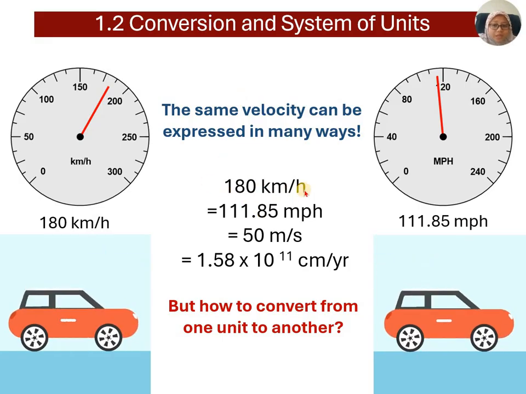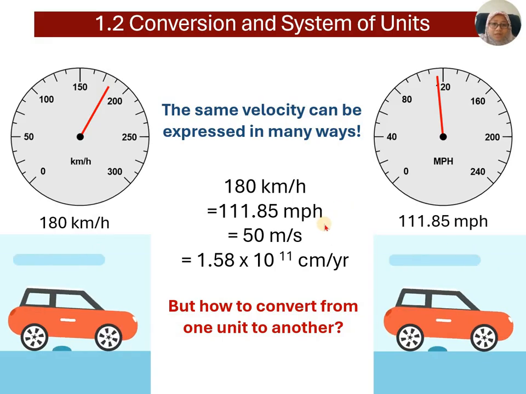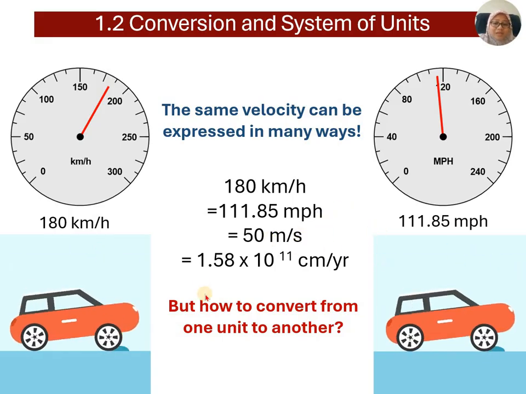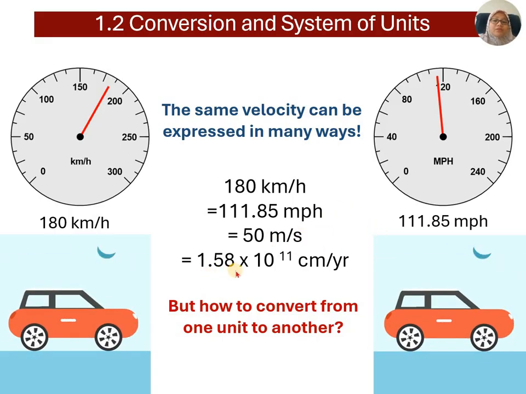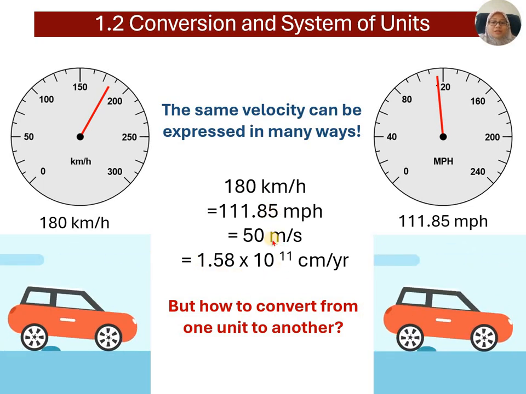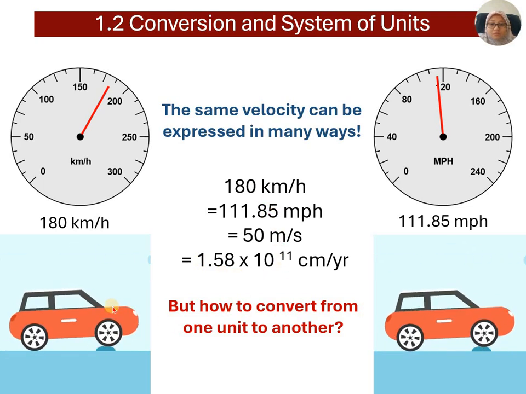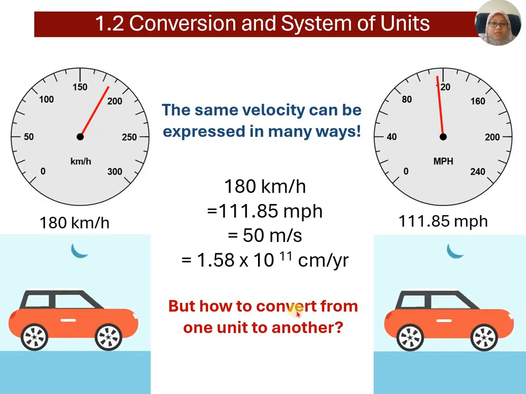So 180 kilometer per hour is also the same as 111 miles per hour, 50 meter per second, and 1.58 times 10 to the power of 11 centimeter per year. Even though these values are very different, it is the same velocity expressed in different units.